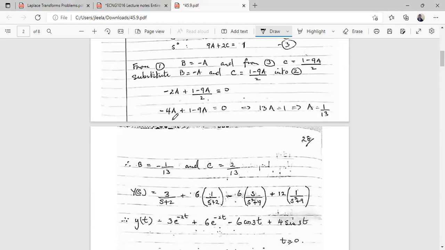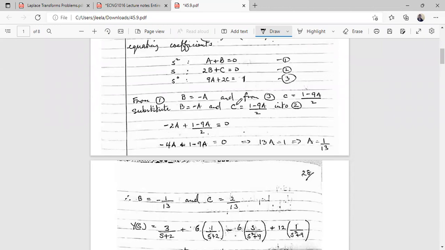So you end up with an equation here with only A in it. If you multiply it throughout by 2, you'll get minus 4A plus 1 minus 9A is equal to 0. So if you carry your minus 13A is 1, sorry, 13A is 1. So A is 1 over 13.